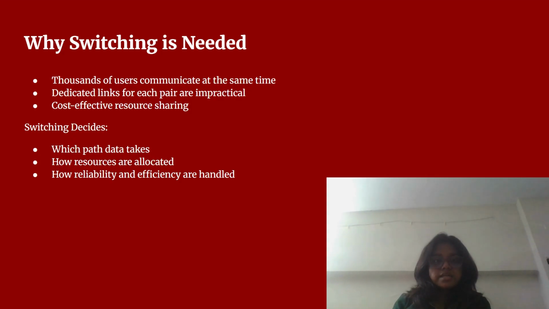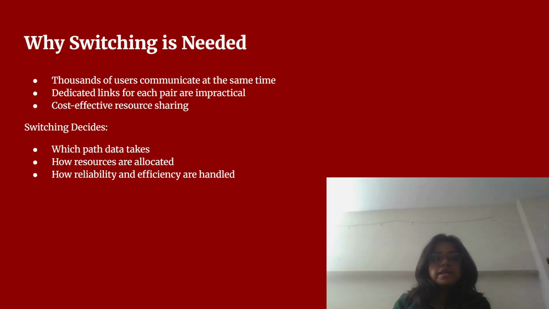Once this path is created, it is locked. No other communication can use it. All data flows through the same route. Even if there is silence, the path still exists. This diagram shows a one-to-one relationship between communication and network resources.